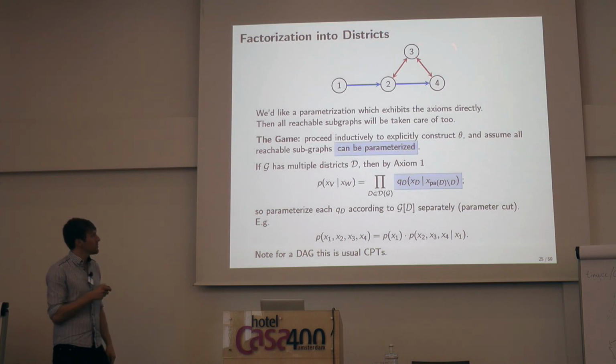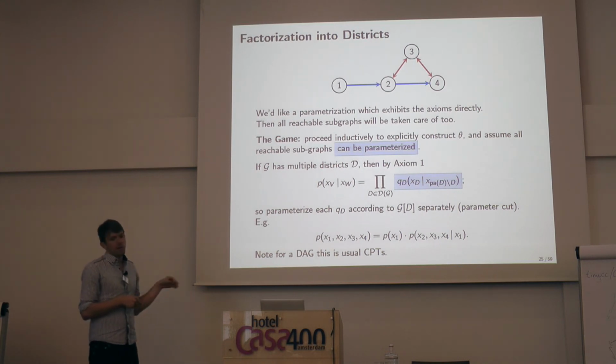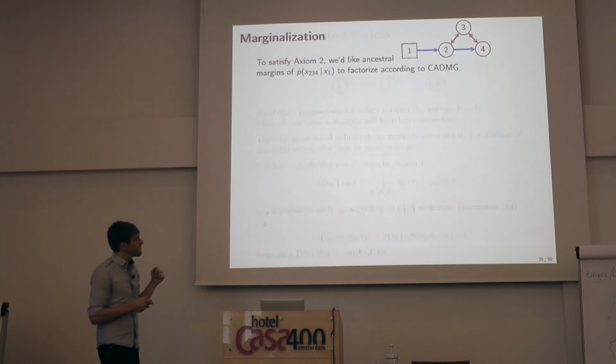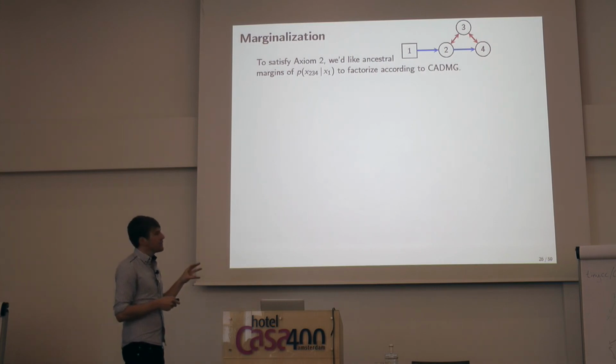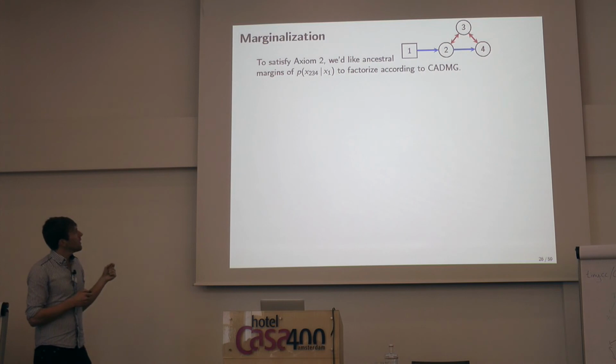So in this example, there are 2 districts. There's 1 and 2, 3, 4. So we would just separate it into a piece for 1 and a piece for 2, 3, 4, given 1. And of course, if you do this for a DAG, then you're done immediately. You just get a piece for each vertex given its parents, and it's fairly easy to parameterize that. But we also want this ancestral property, which is necessarily going to follow from that. So let's say we're interested in this piece now, 2, 3, 4 given 1.